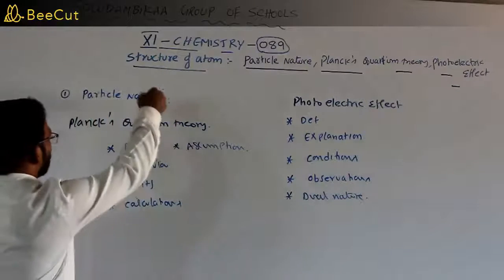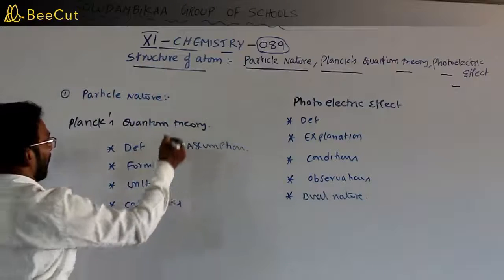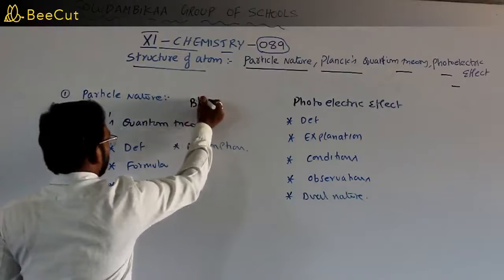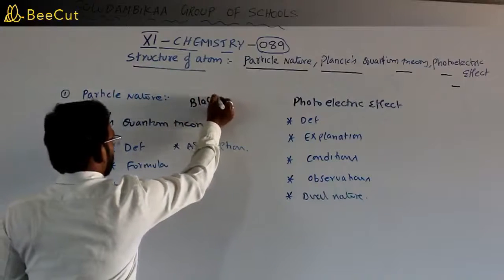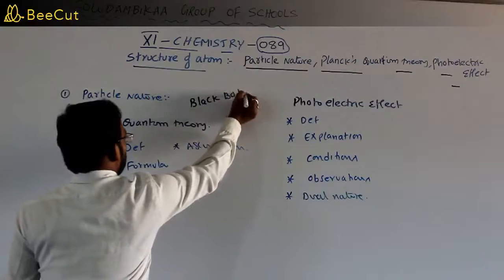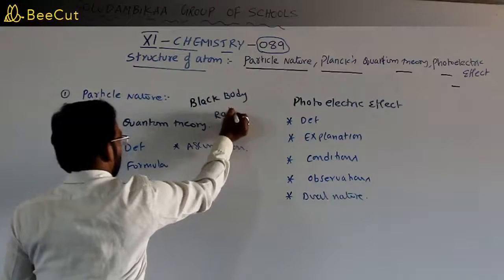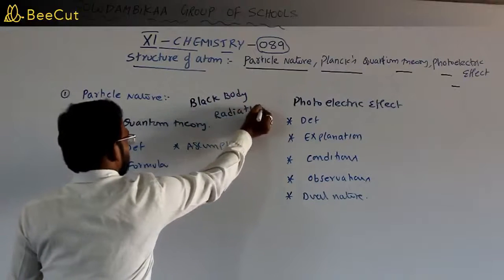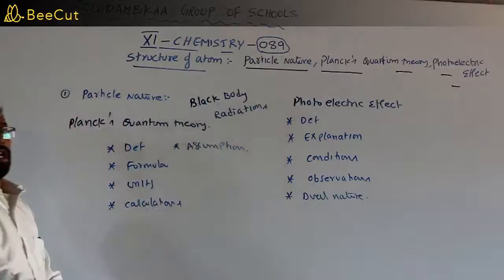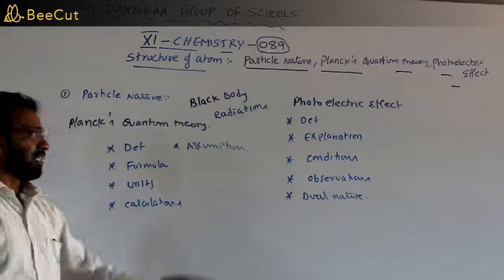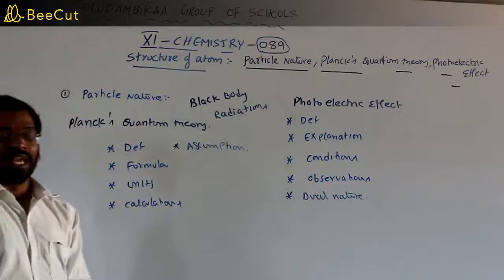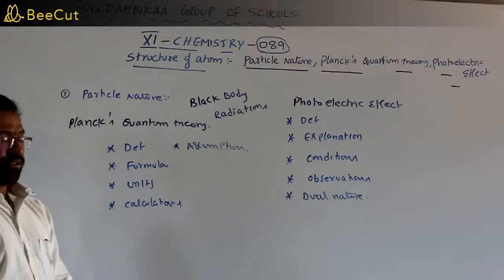While discussing particle nature and Planck's quantum theory, we need to explain the black body also. Black body radiations: what are black body radiations? What are the assumptions related to the black body? These are all the topics we need to study in the present class.